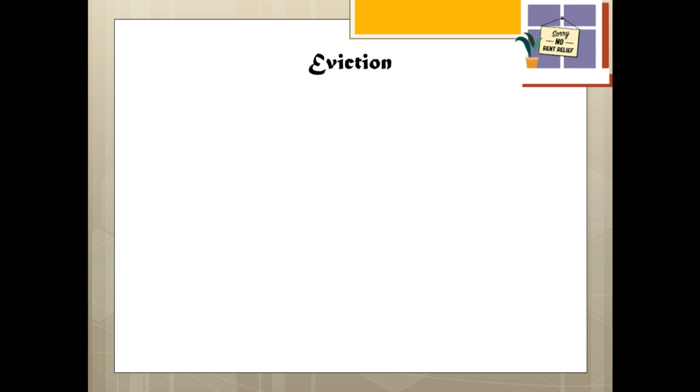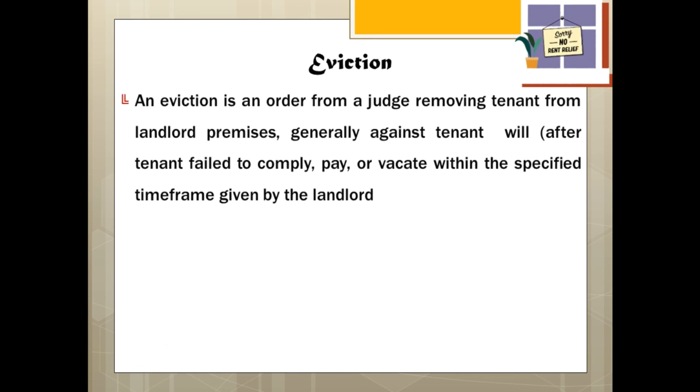Let us look at eviction. An eviction is an order from a judge removing the tenant from the landlord's premises, generally against the tenant's will, after the tenant failed to comply, pay or vacate within the specified time frame given by the landlord.